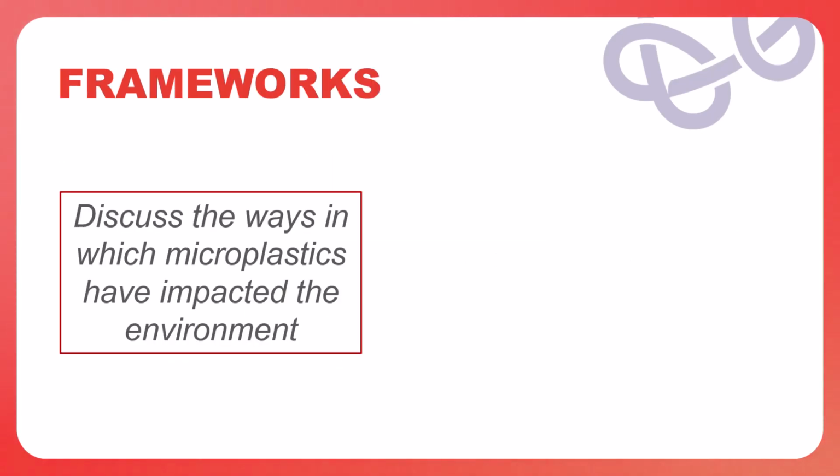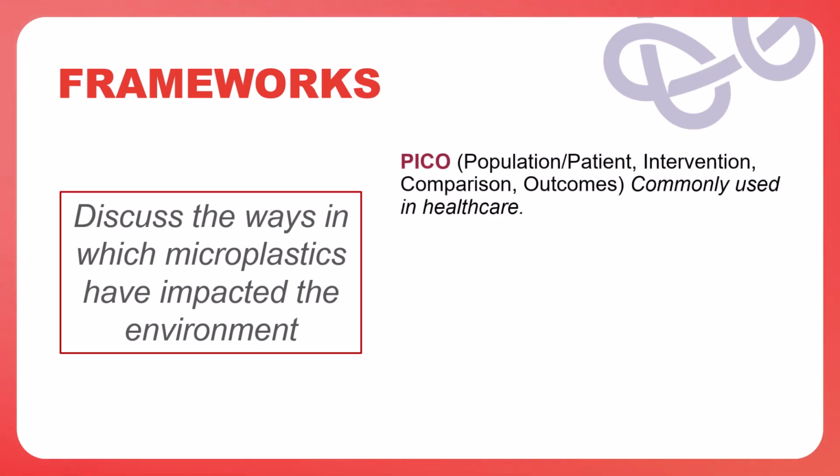Now, another way of identifying the key concepts is to use a research framework. I'm going to give you some examples. We have PICO, where the P stands for population or patient, the I stands for intervention, the C stands for comparison, and the O stands for outcomes. This one is often used in healthcare topics.